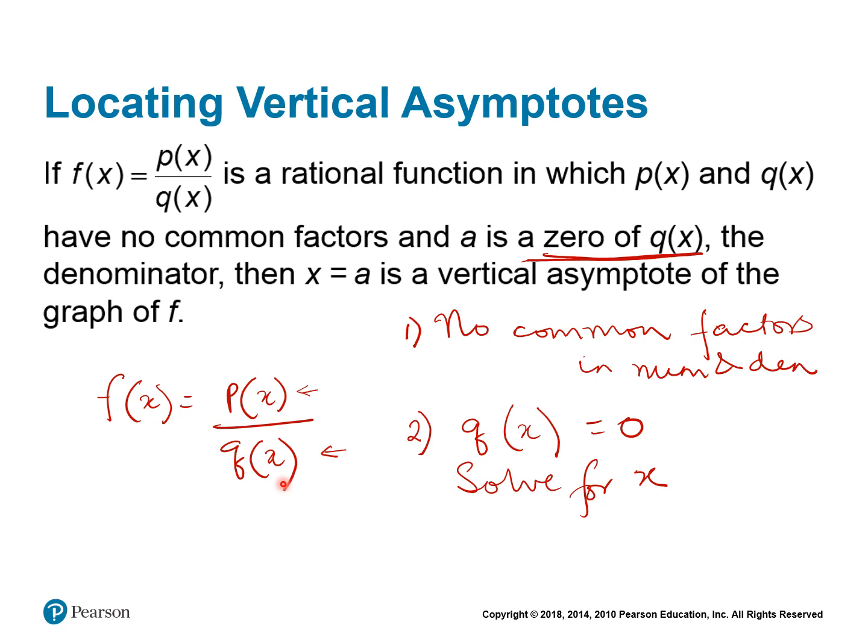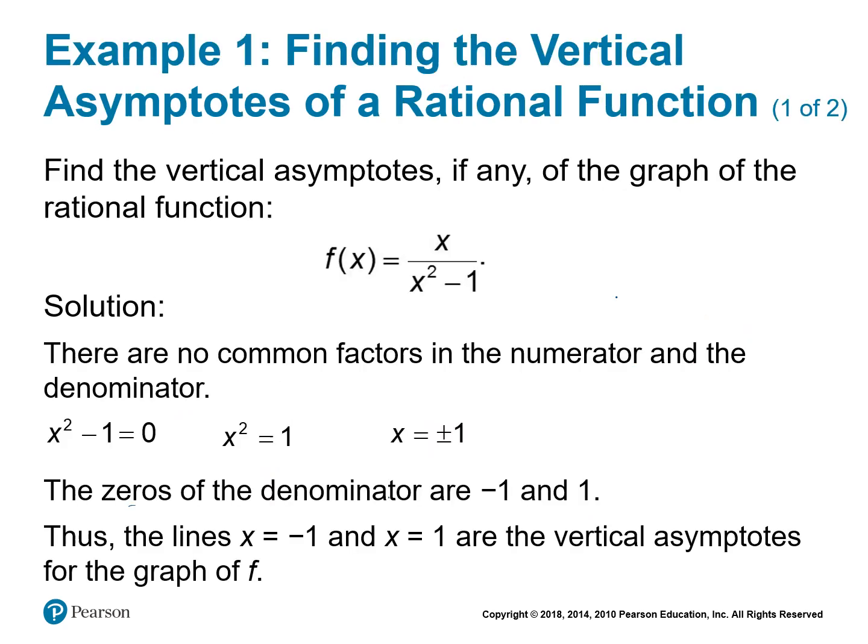And if there aren't any common factors, then we just take the denominator, make it equal to 0, and solve for x. And whatever value we come up for x, those are going to be the vertical asymptotes of the rational function.